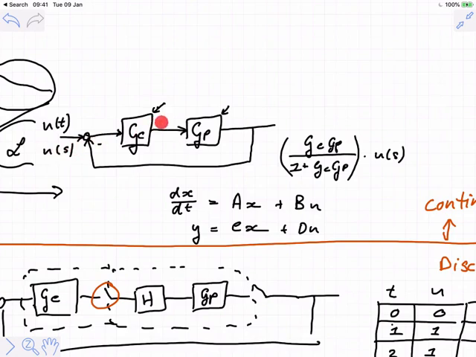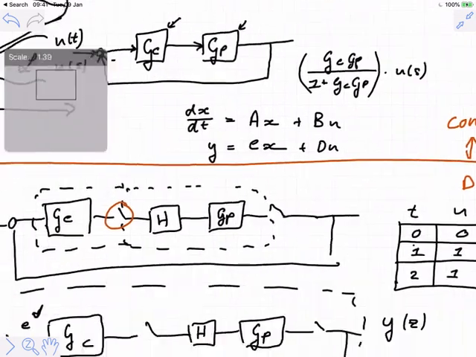I would need the Laplace transform of all these blocks. I would calculate the closed loop transfer function that relates the input to the output. I would multiply those two together, and then I would invert that transform. And that's how I would go about finding analytically the output if this thing stepped.